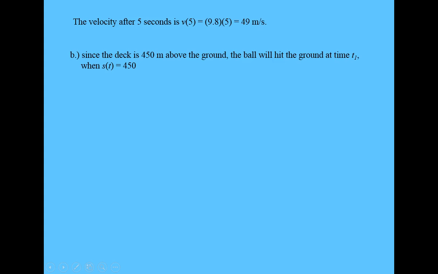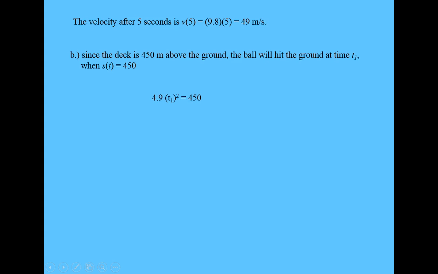Now, part B asks us, when will the ball hit the ground? Well, if s of t is how far it's fallen in t seconds, we want to know when it's fallen 450 meters. So we would say s of t equals 450. Our position, we want it to have fallen 450 meters.